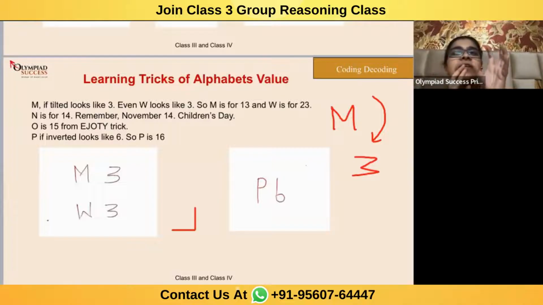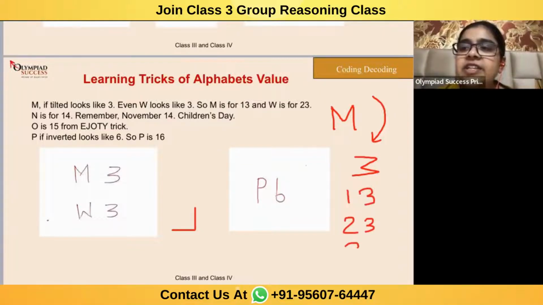Now, guys, please tell me, what are the place values which are available? 3, 13, 23, 33. Can I have an alphabet at the place of 33? No. Why? Because we have only 26 letters. Yes.